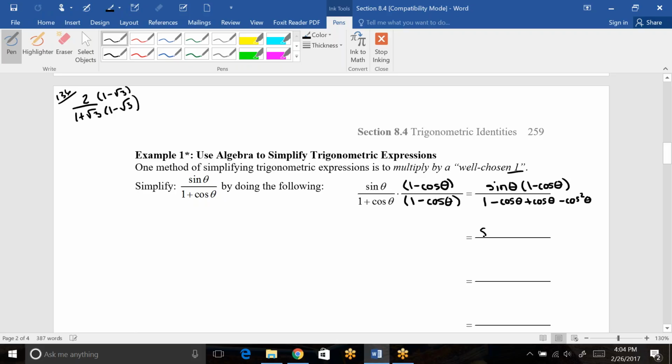In the middle, those cancel. So I get 1 minus cosine squared theta. And then remember our Pythagorean identity, sometimes I'll write these over here to the side so you can see what I'm using. If we were to subtract cosine squared over, 1 minus cosine squared theta is actually sine squared theta.